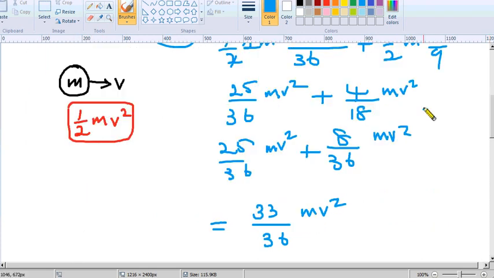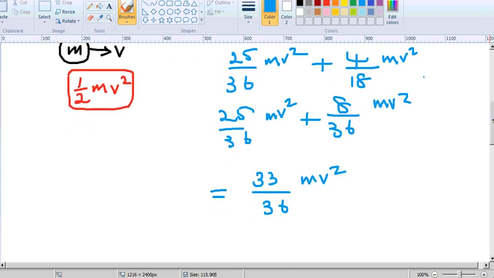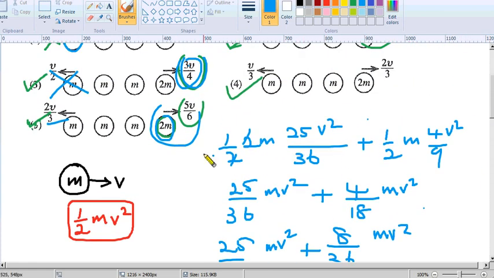So I simplified like this, not difficult, simple mathematics. So we get 33 divided by 36, that is not half, we must get half to say it is correct, so it is wrong, therefore we don't get the initial value, therefore this one is wrong.